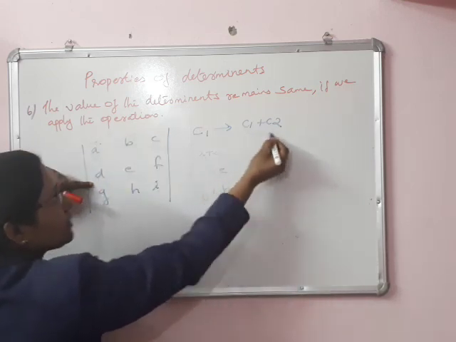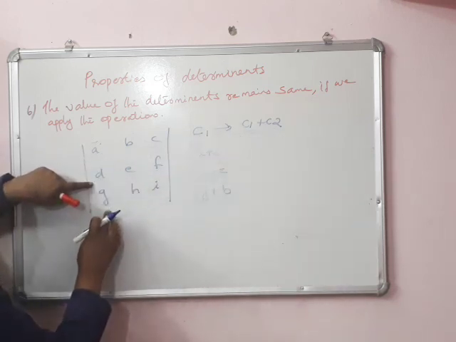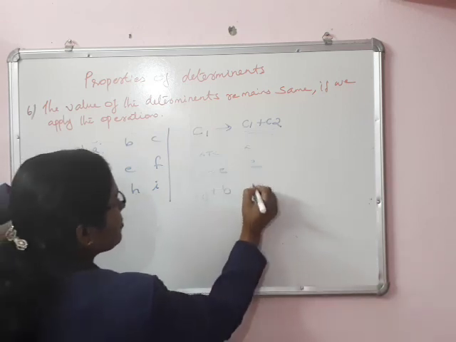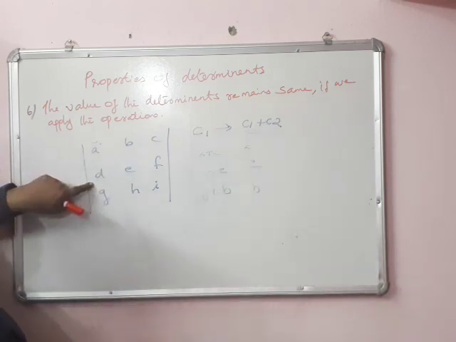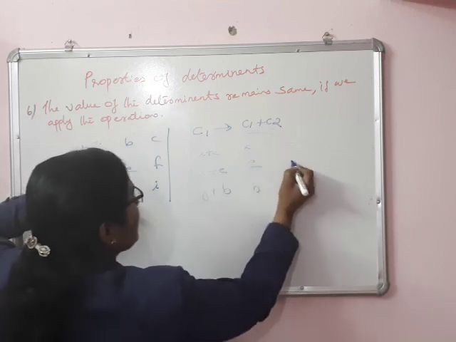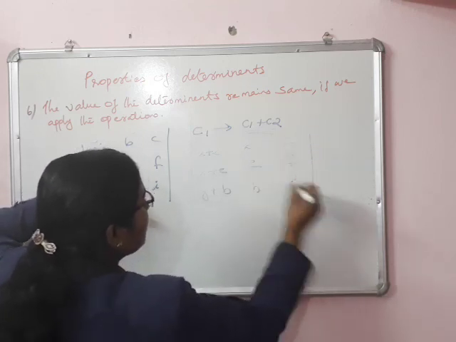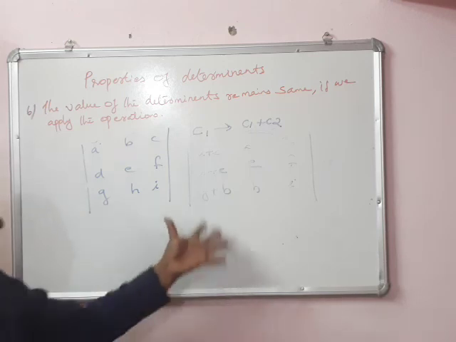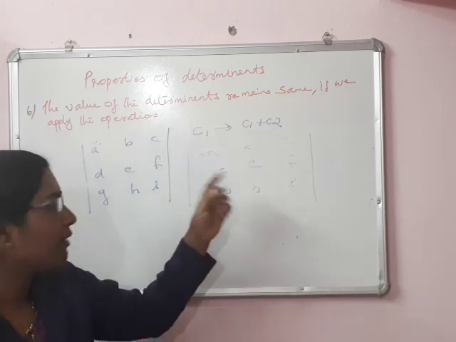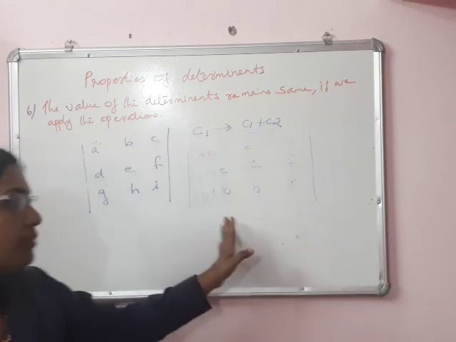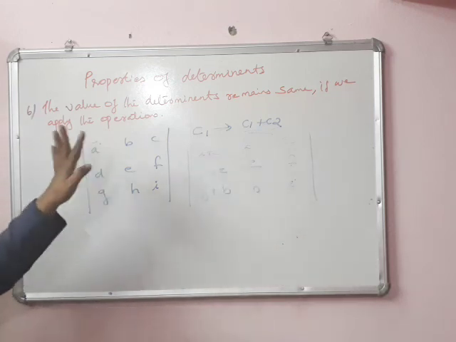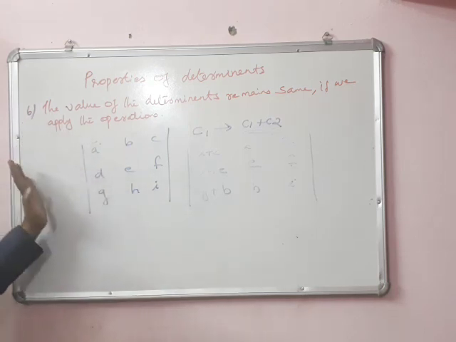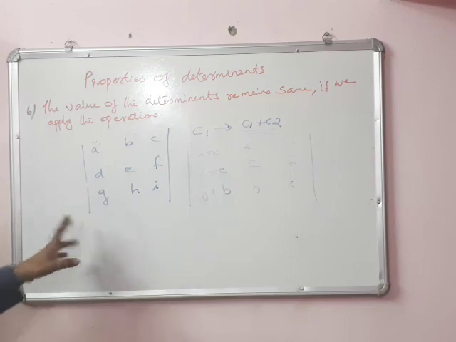The second column B E H has no change, and the third column C F I has no change. So if I add or subtract anything, or multiply by a common constant, there is no change in the result. That is the sixth one. We will use it mainly in solving problems. We can solve it now.